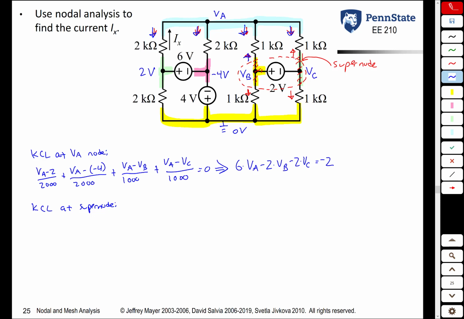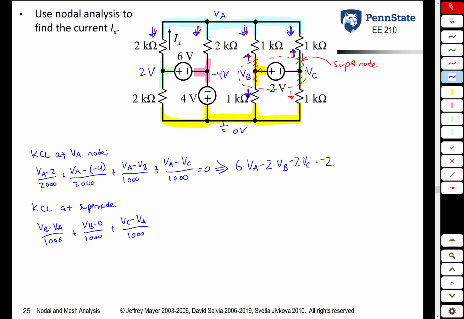This current is VB minus VA over 1,000. This current going down here is VB minus 0 over 1,000. This current is VC minus VA over 1,000.